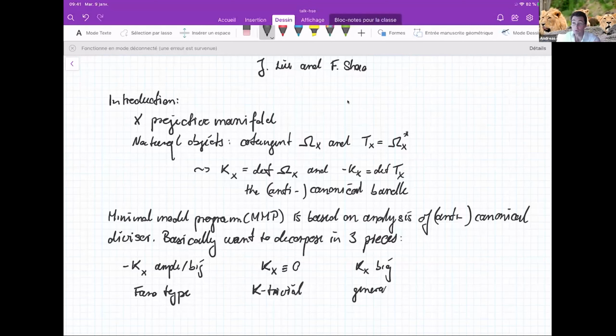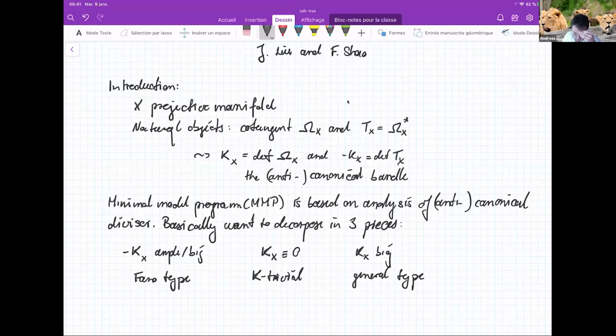So you want to split up your manifolds in these three types, and this works rather well nowadays. Once we have achieved this, I would like to go back and say, now assume that I've already learned some things about the canonical or anticanonical divisor. Maybe with this extra information in mind, I could finally say something about the cotangent bundle or the tangent bundle.